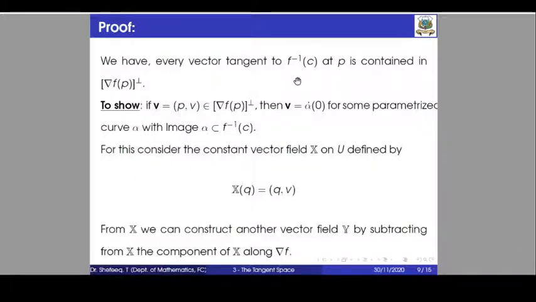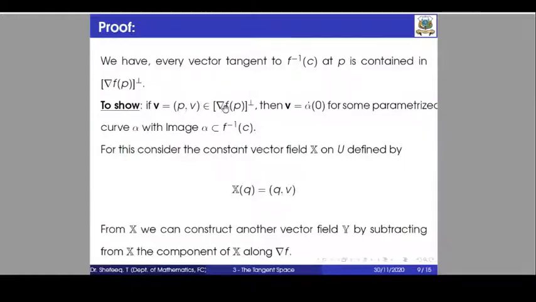To prove the reverse part, it is enough to show that if v equal to pv is in del f of p orthogonal, then it is tangent. We have proved every vector tangent to f inverse c at p is contained in del f of p orthogonal. Now we want to prove the reverse part. So to show this reverse part, we take v from this del f of p orthogonal.